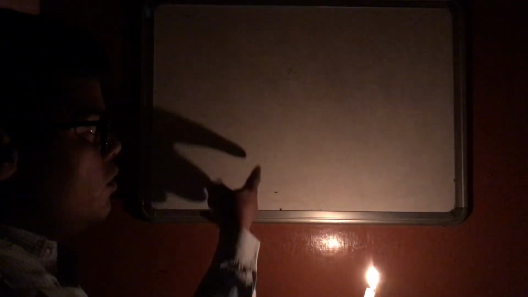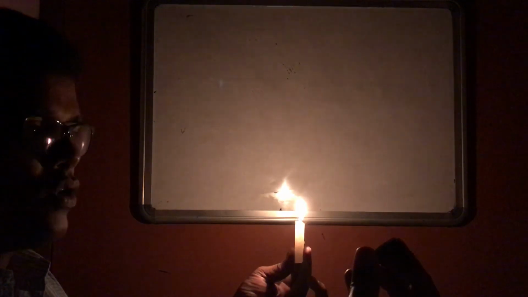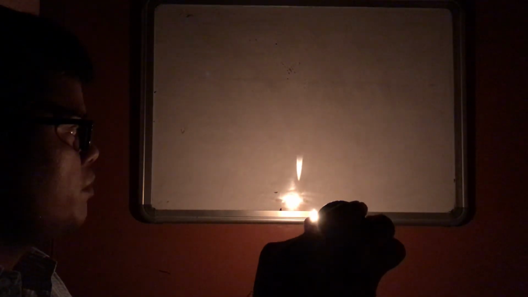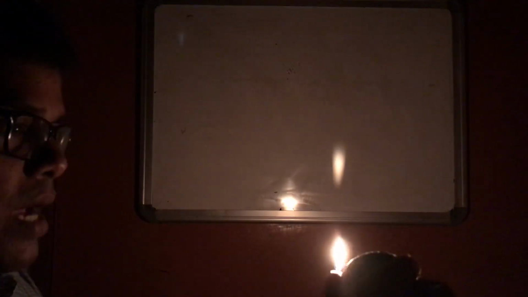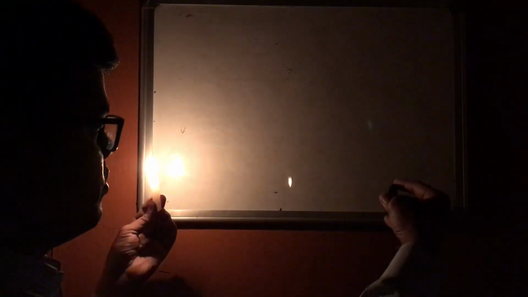This board is the screen, on which a real image is formed. This is the object, the flame is the object. This is a concave mirror. You can see the image. If the object comes closer, you can see the image is magnifying. Larger image. Come closer, larger image. And if it is taken away, the image comes closer. In this way, you can verify the formation of image.